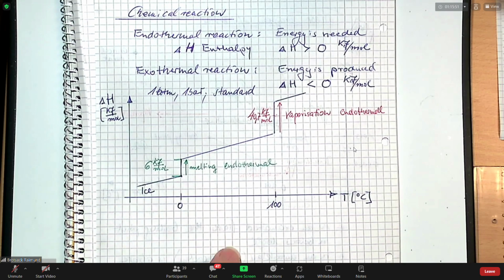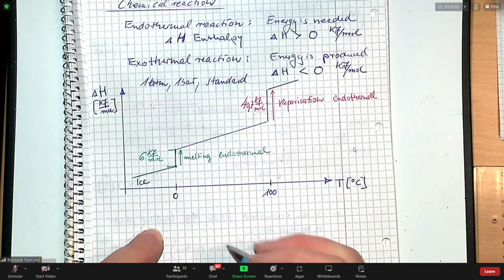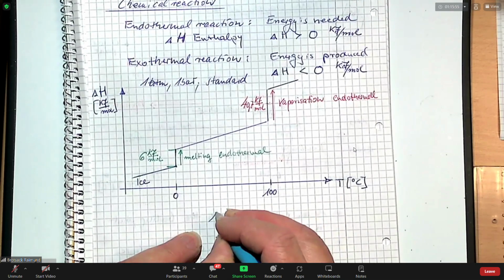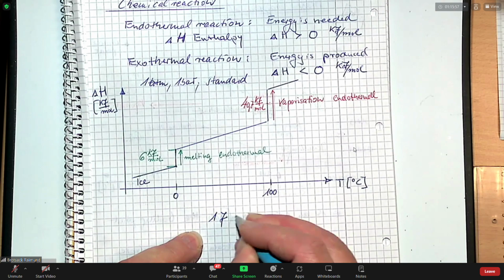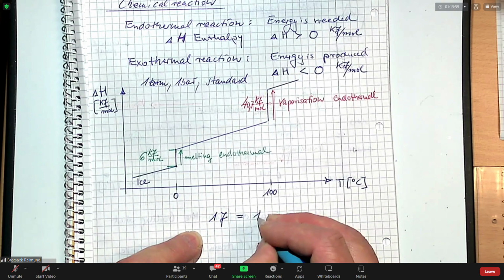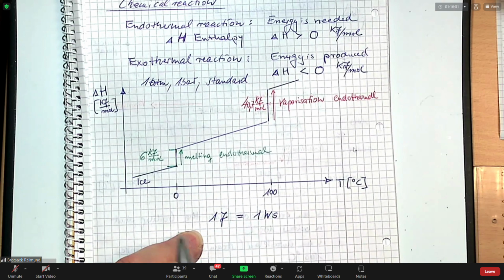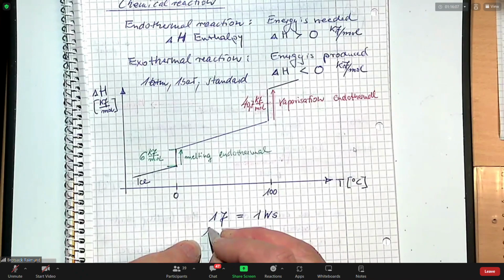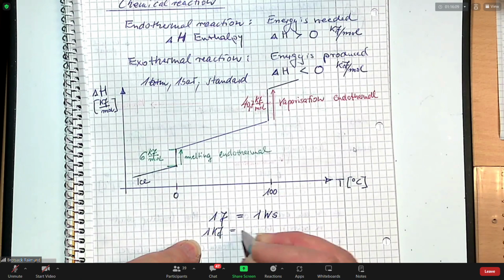It is power. And 1 joule is 1 watt second. One kilojoule, of course, is 1 kilowatt second.